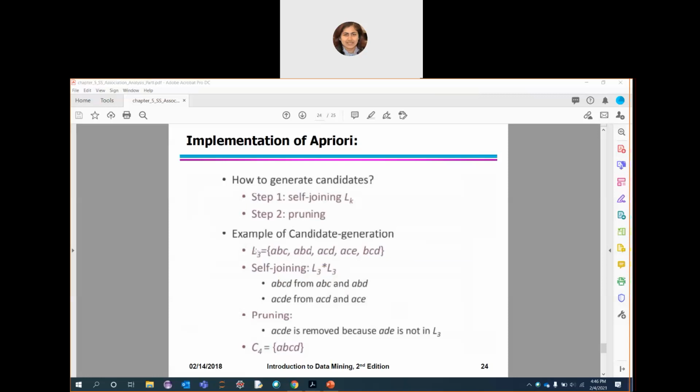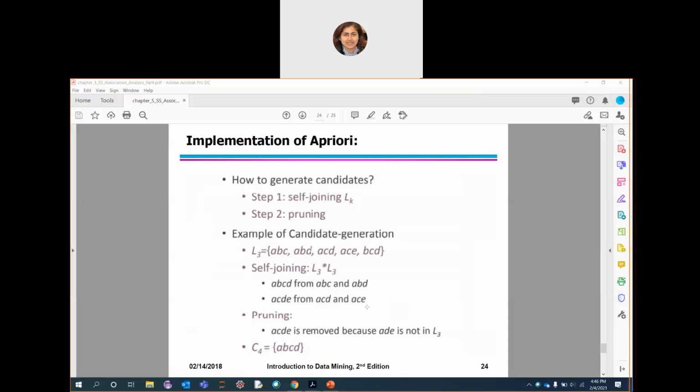So if you join L3 to L3, then the combination ABCD can be generated from ABC and ABD, and ACDE can be generated from ACD and ACE. These are the two possible combinations.